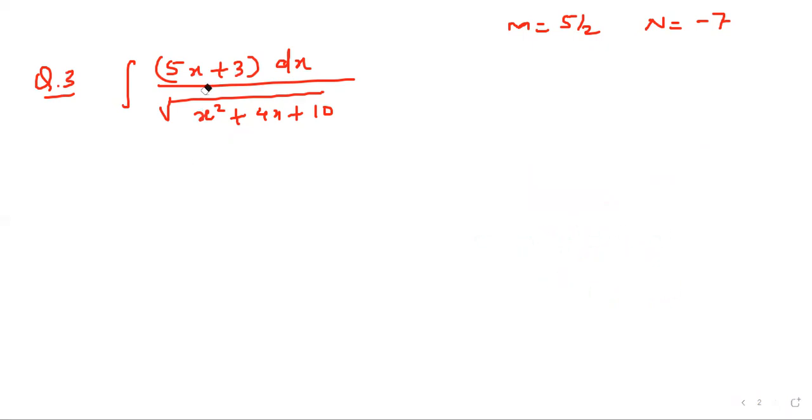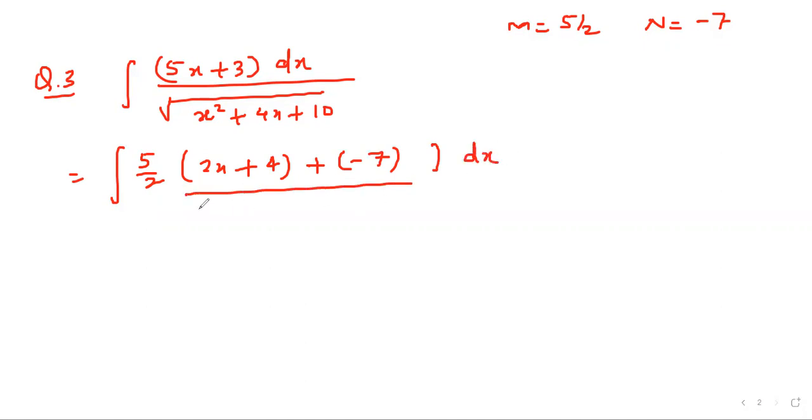So we write it further. Integration 5 by 2 times derivative of this, that is 2x plus 4, plus n, that is minus 7 whole dx divided by root of x square plus 4x plus 10.